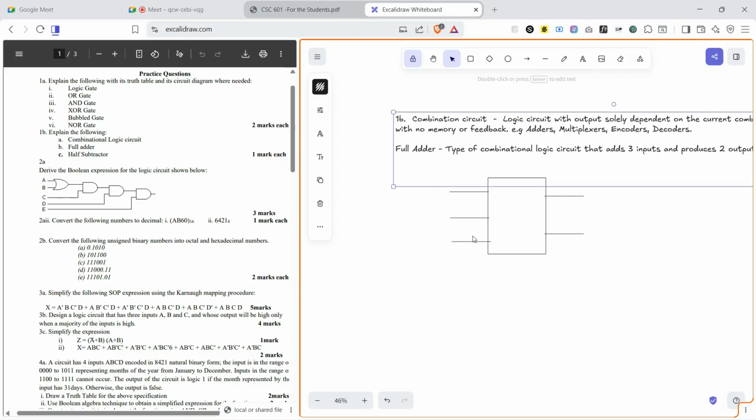So the inputs are A, B, and then a carry in, basically C in.